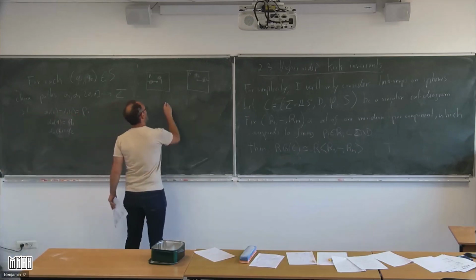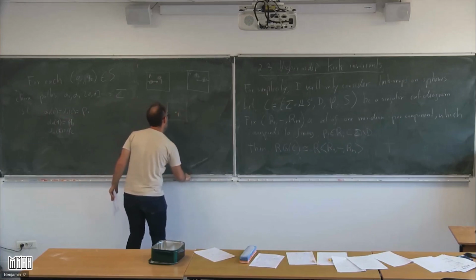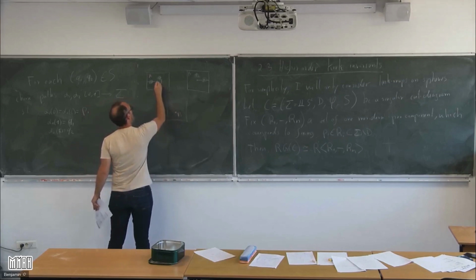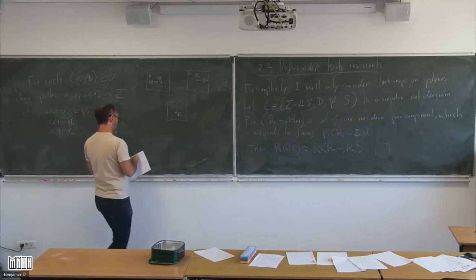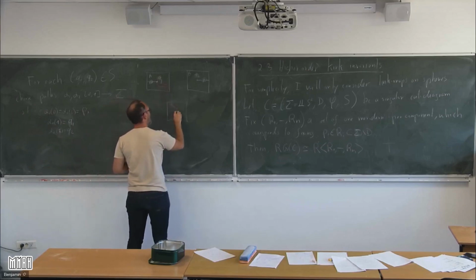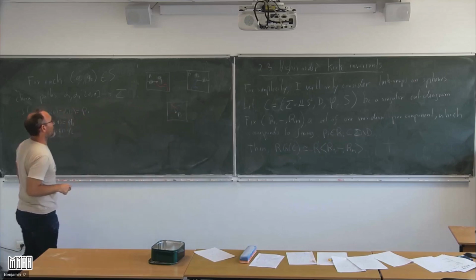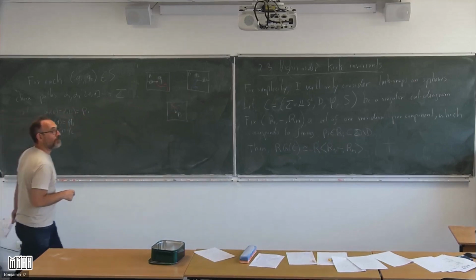So it means that on my surface, somewhere I have Pi, and I have one path which starts here and ends at Q1. So this is alpha 1, and I have another path which connects Pi to Q2. Okay?